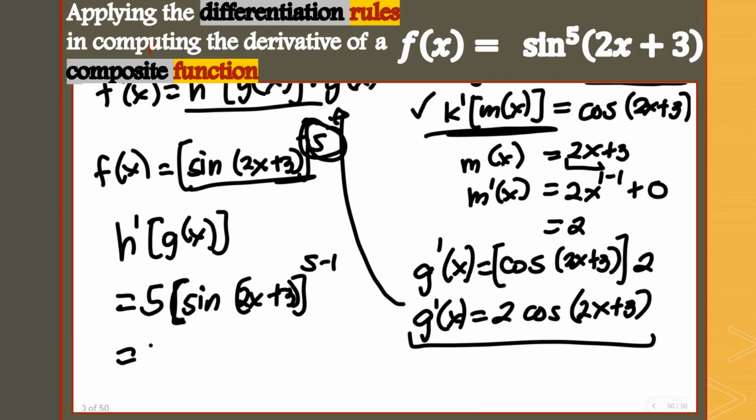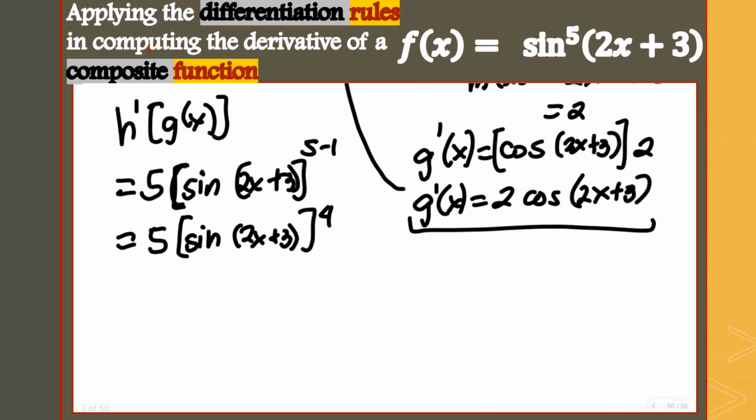Hence, this is just 5 sine 2x plus 3 raised to the power of 4. If I would like to return that here, you could also rewrite this as 5 sine to the power of 4 of the angle 2x plus 3. So this is just this portion here.